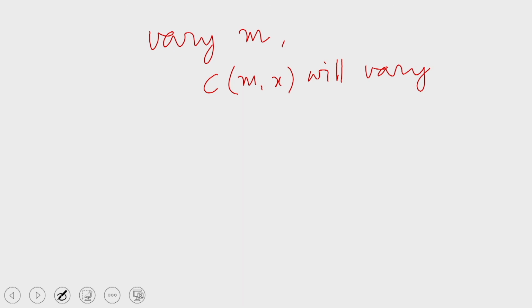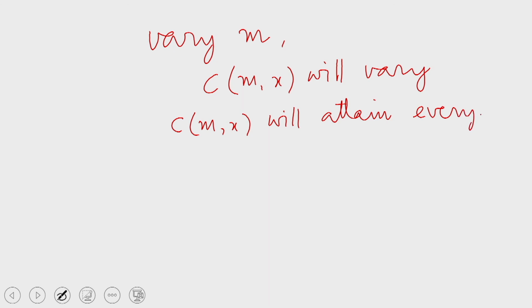So, if I continue varying m, C_m(x) will attain every value in 1 to root n, in fact twice, because the total size of the shaded portion is greater than 2 root n. By varying m, I can make sure that C_m(x) will attain every value in the range 1 to root n. This will happen in fact more than twice, at least twice.